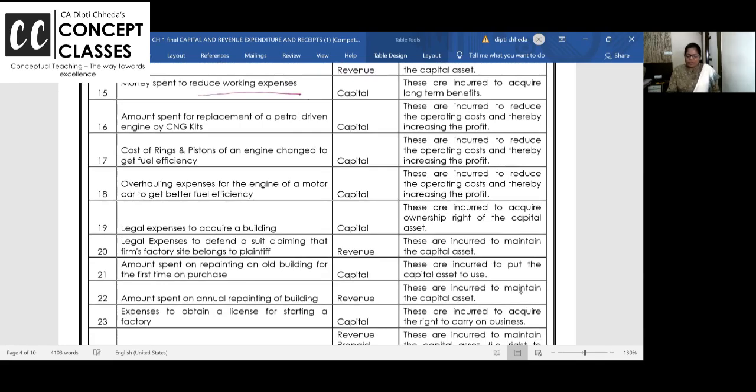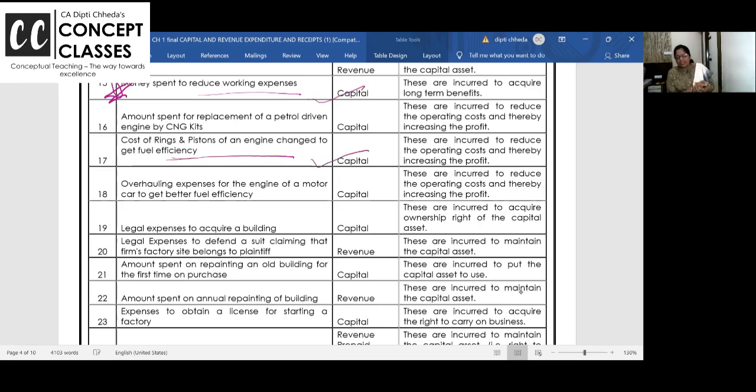Amount spent to reduce the working expense, capitalize. This comes a lot in exams. Cost of rings and pistons and all, changed for fuel efficiency, capitalize.